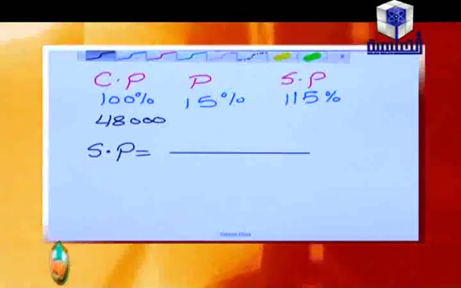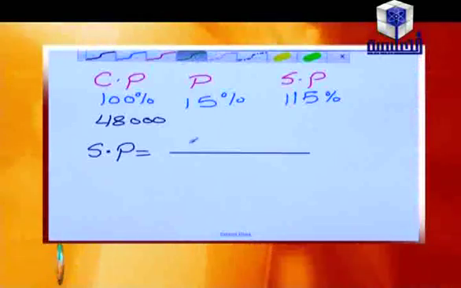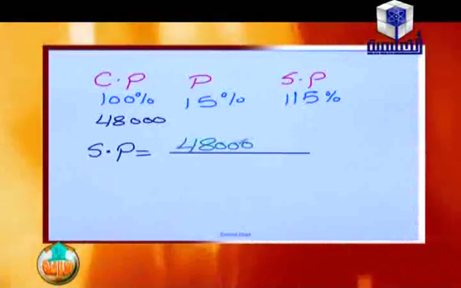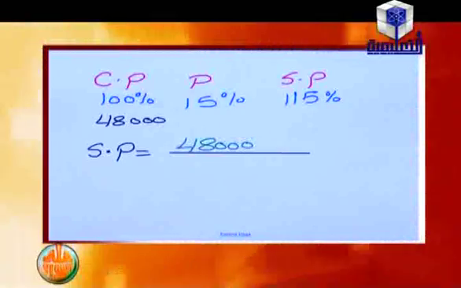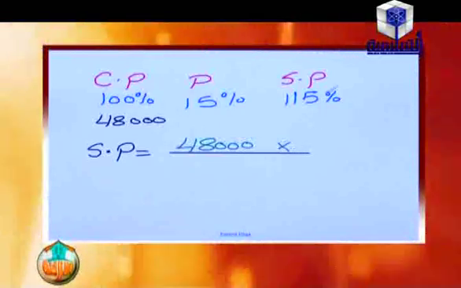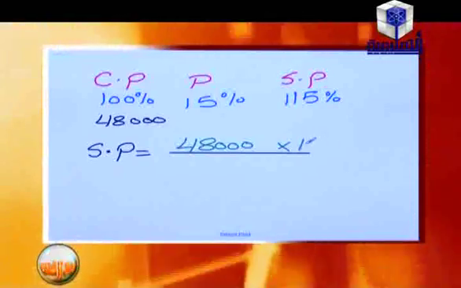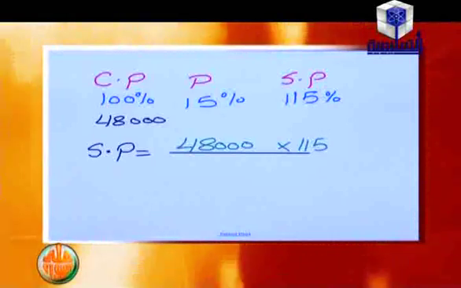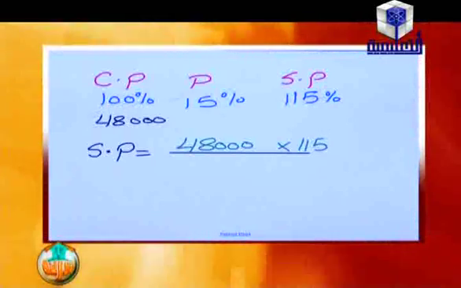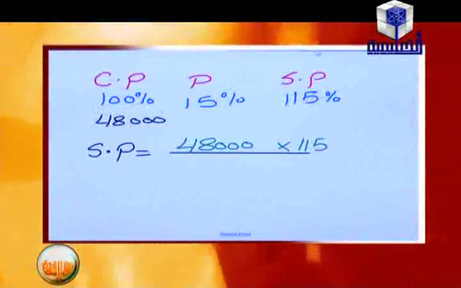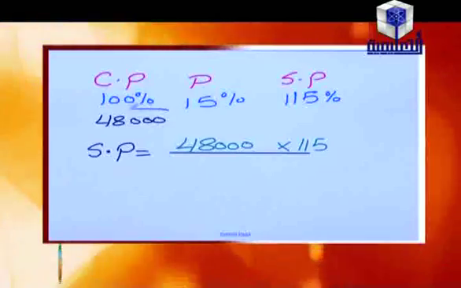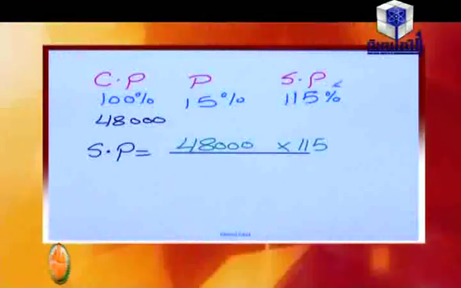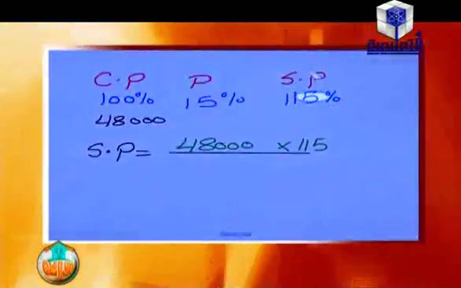The selling price is given by 48,000, which represents the cost price, multiplied by 115 as a percentage, which represents the selling price.